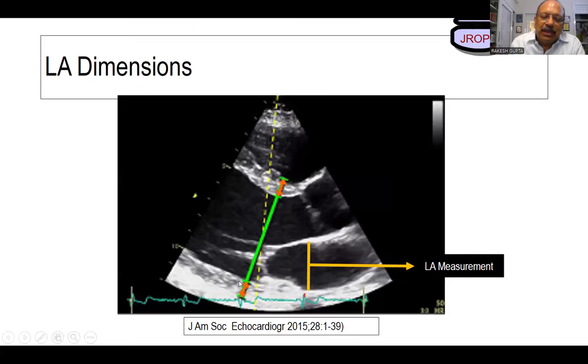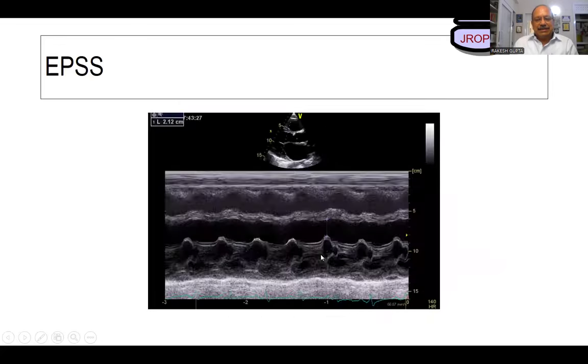So LV will be only 30 millimeters per meter body surface area. Normal is less than 32. Similarly, if my LA size is 40 millimeters, divided by body surface area 2, it becomes 20 millimeters. So LV is normal, LA is normal as per indexed body surface area.